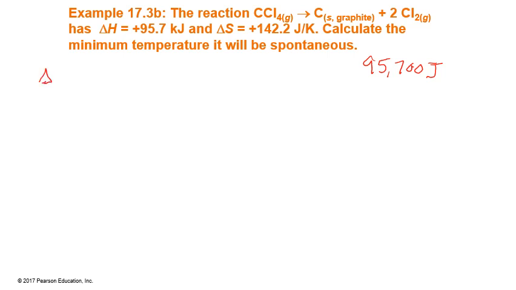Our delta G, which we know is equal to delta H minus T delta S. We know that it becomes spontaneous when it's negative, so this value has to be less than 0. So now we can plug in our values and solve for T when that delta G is less than 0.